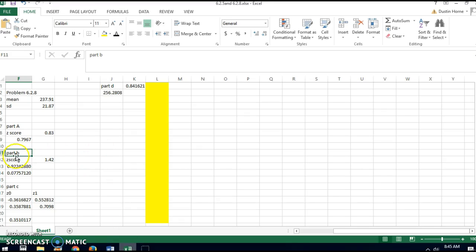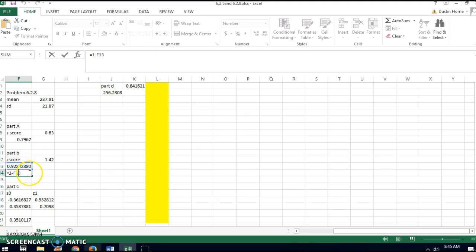So to get our z-score, we do 269 minus the mean divided by the standard deviation, and you get this for the probability. But don't round, because we're not through with our actual probability. If this was our answer, we would round.